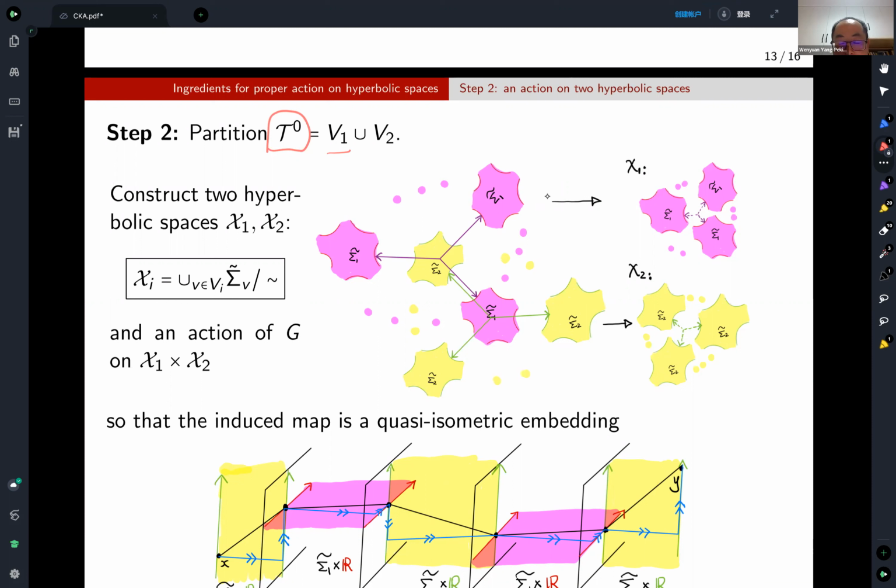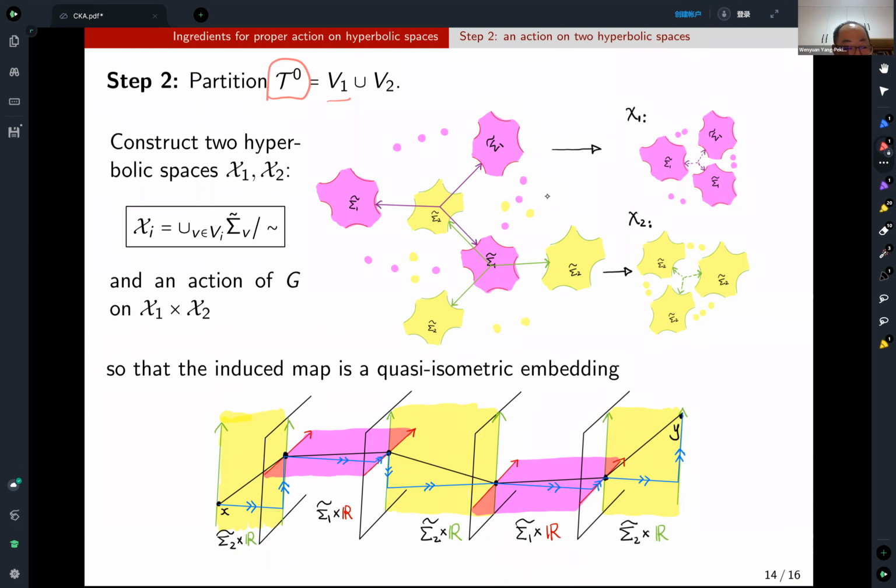This gives you a hyperbolic space because it glues in a tree-like way. Also, we have an action on the product of these two spaces. Moreover, you can show that this induced map is a quasi-isometric embedding. You can think of this picture: you project this spansel path to the base hyperbolic surfaces.